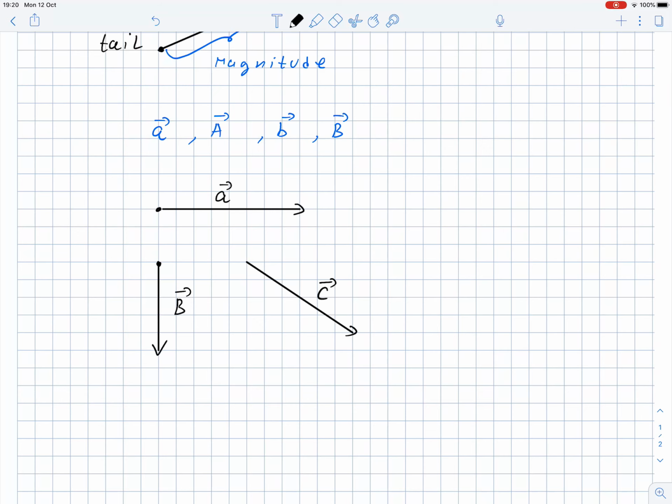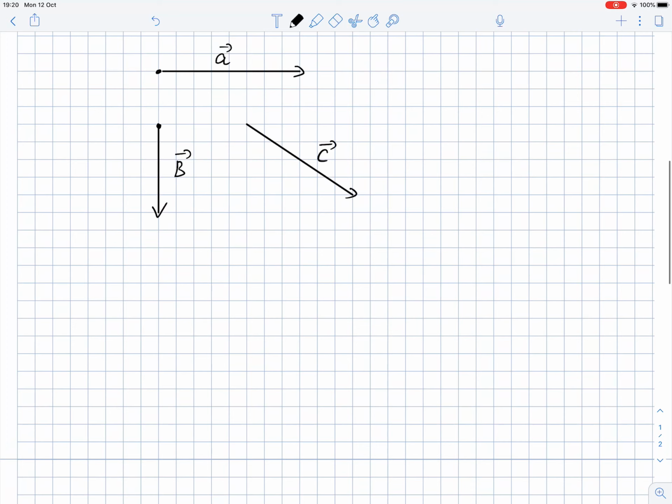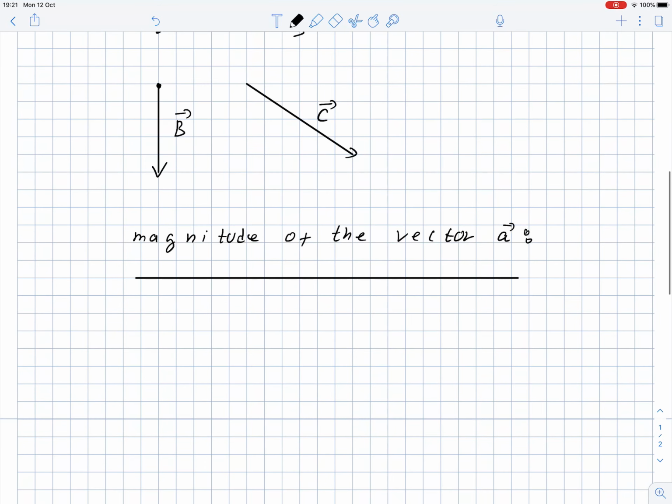Now, how about magnitude? How do we denote magnitude? Suppose you want to talk about the magnitude of vector A. We will denote it as just the letter A, or like this.